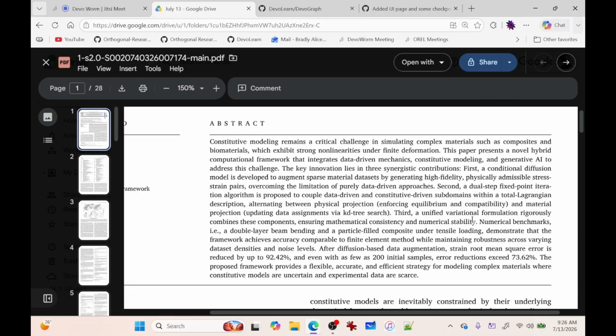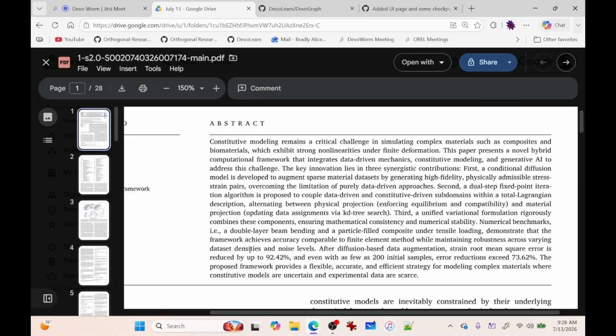Third, the unified variational formulation rigorously combines three components, ensuring mathematical consistency and numeric stability. Numerical benchmarks, for example a double layer beam bending and a particle filled composite under tensile loading, demonstrate that the framework achieves accuracy comparable to finite element methods while maintaining robustness across varying datasets, densities, and noise levels.